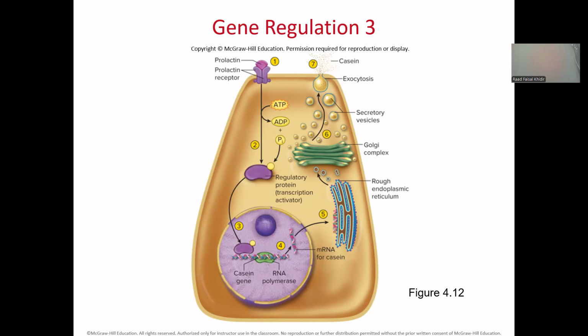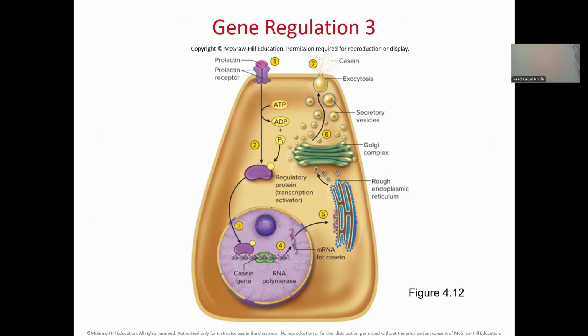The RNA polymerase is going to transcribe the casein gene. What kind of mRNA is it going to give you? Casein mRNA, because we transcribed the casein gene.